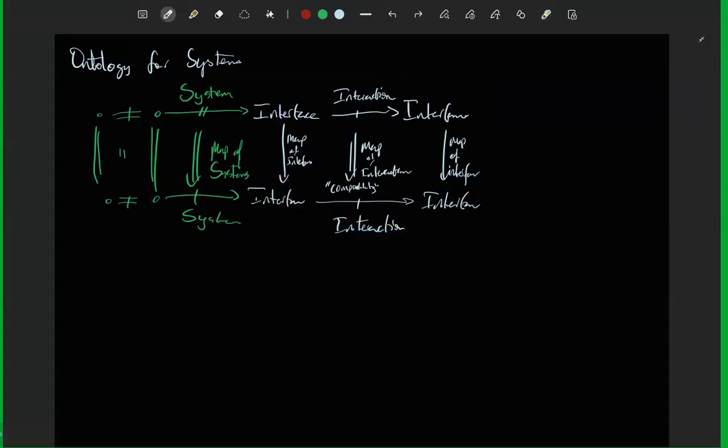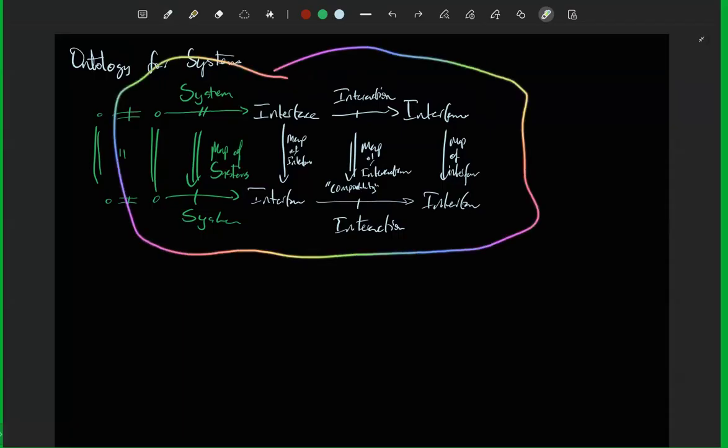So as an example of this, if I have some double category, I can restrict and just look at special maps in it and call those my systems. And then all the other maps, maybe I could take to be a different kind of map in the same double category to be my interactions.